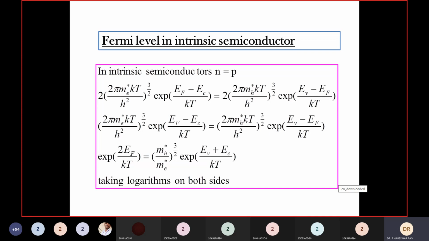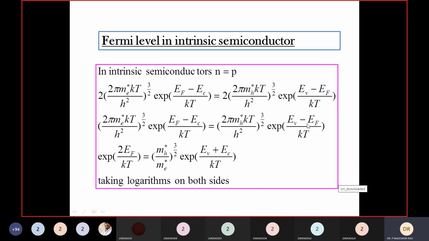Now bring the common terms together. We have the exponential of Ef minus Ec by kT on one side and Ev minus Ef by kT on the other, so bring this term to this side and that term to the other side. If you simplify, the exponential term is in the denominator.